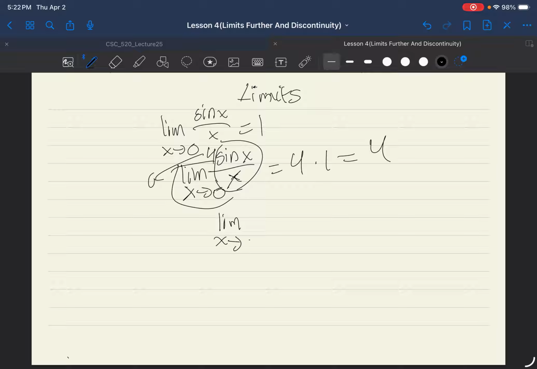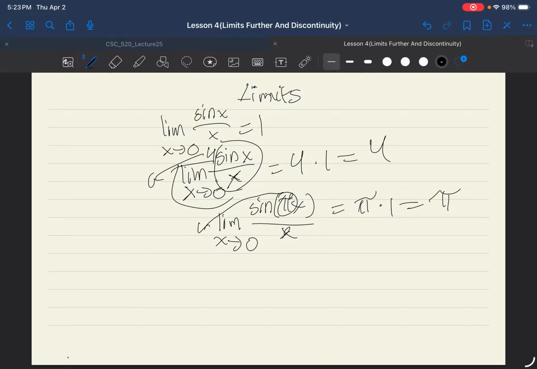The neat thing about this is you can actually do the same thing with anything inside of the parentheses, which you're not normally able to do. So let's take sine of pi x over x. We can actually take this pi out, make it pi times 1, which is pi. That's pretty neat, right?